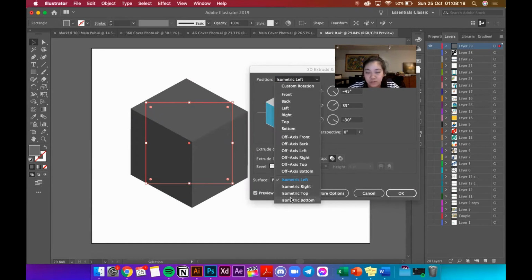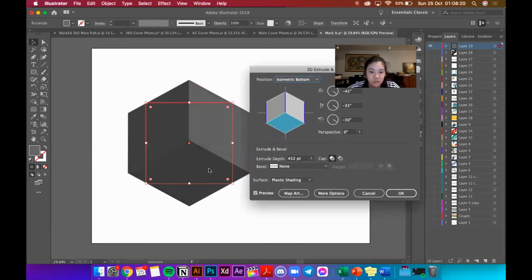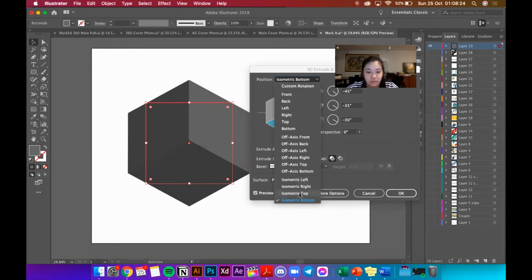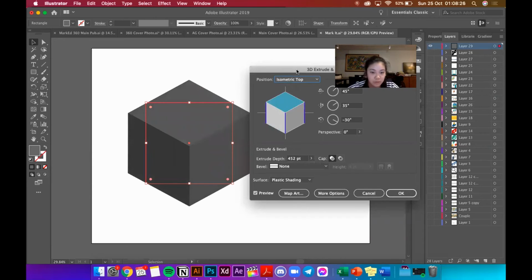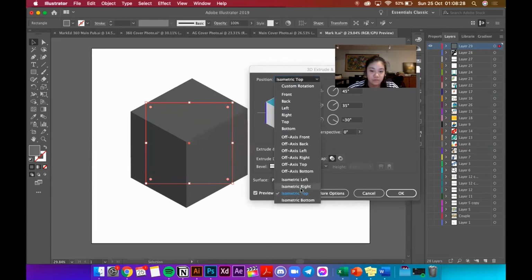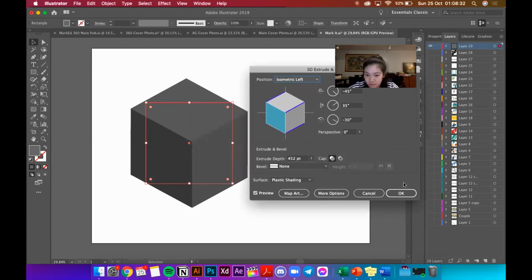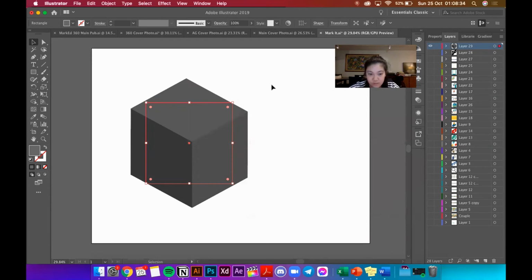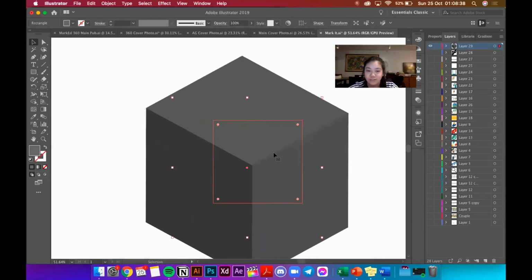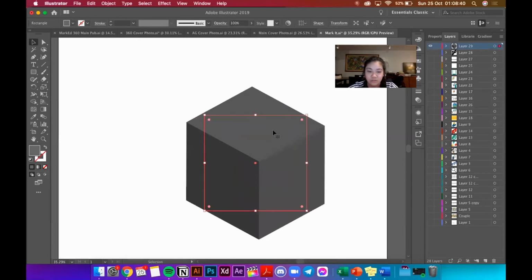And you can make it face different angles. So here you're looking at it from the bottom. Here you're looking at it from the top, right, and left. So yeah, that's actually our secret here in Market. We just do Extrude and Bevel nation for everything.